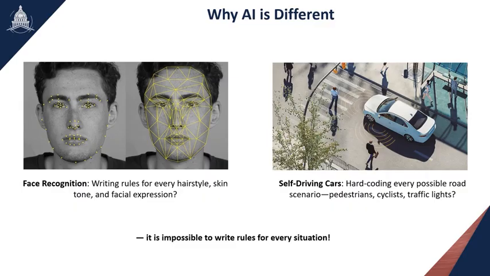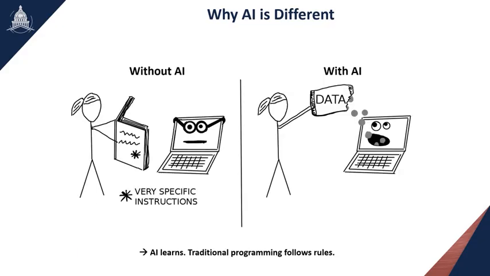In such cases, it's impossible to write rules for every situation. And this is where AI comes in. So instead of writing very specific instructions with conventional programming that is not suitable for such cases, AI learns from data and discovers patterns and makes decisions just like humans learn from experience.